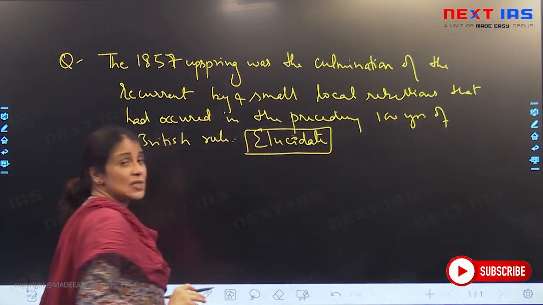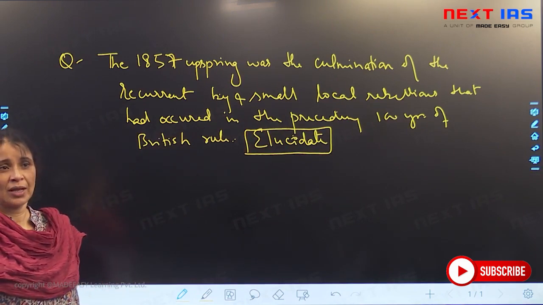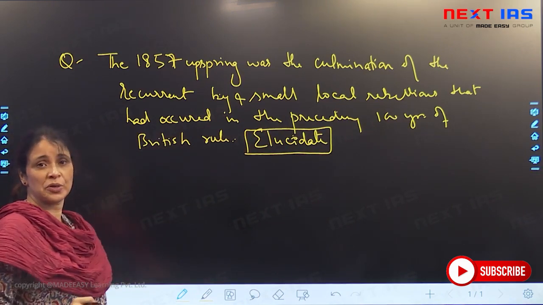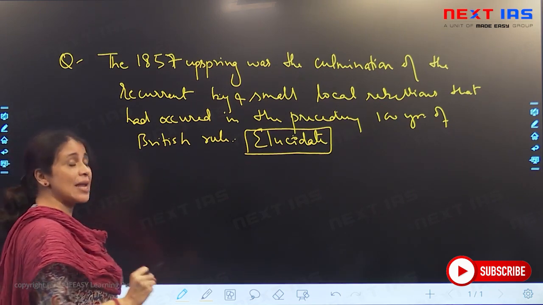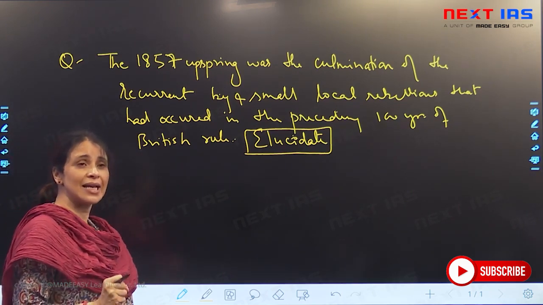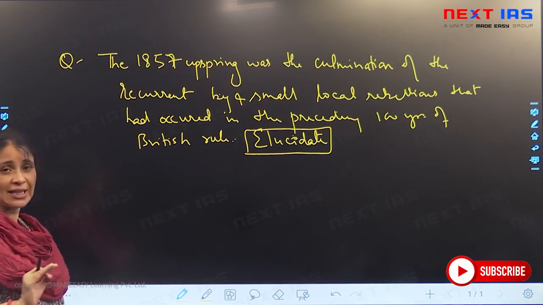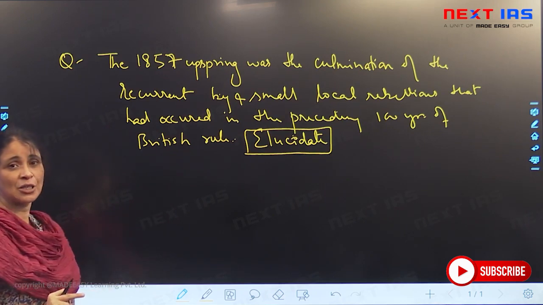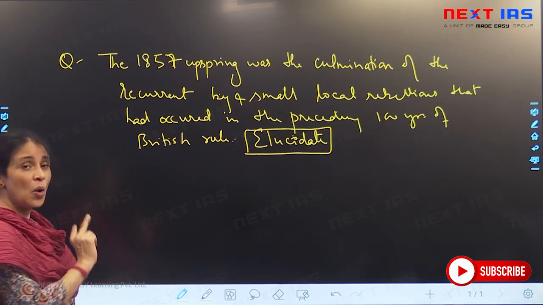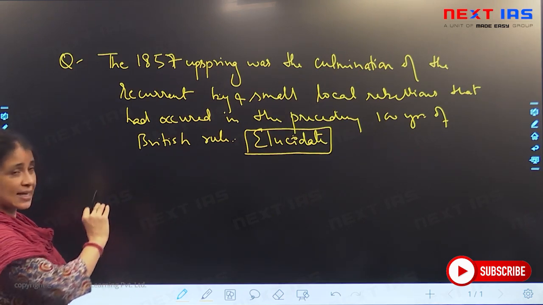Elucidate means to make it clear. To make it clear to the other person, you have to describe it, you have to elucidate, you have to make it clearly understood. You have to think that the other person has no knowledge about it, and you have to make the other person clearly understand, which is the task given here.